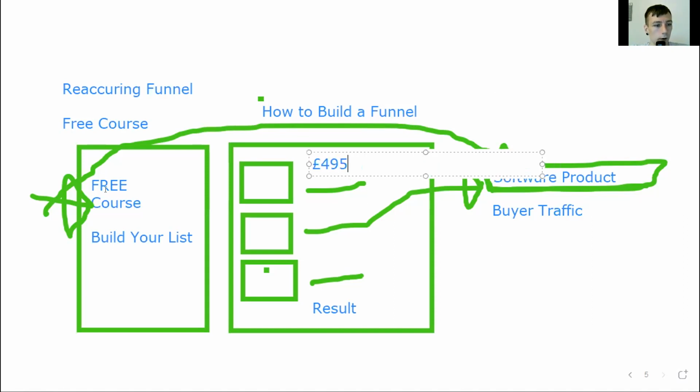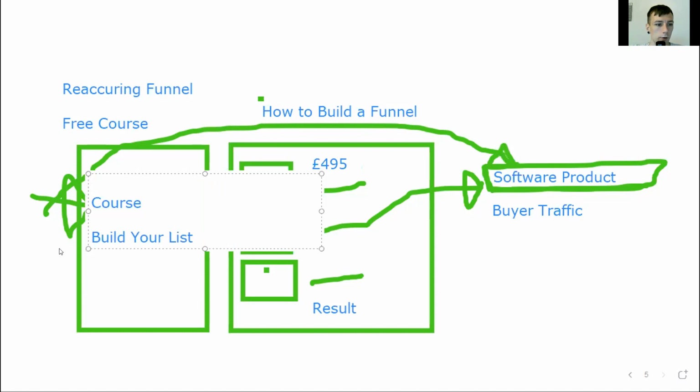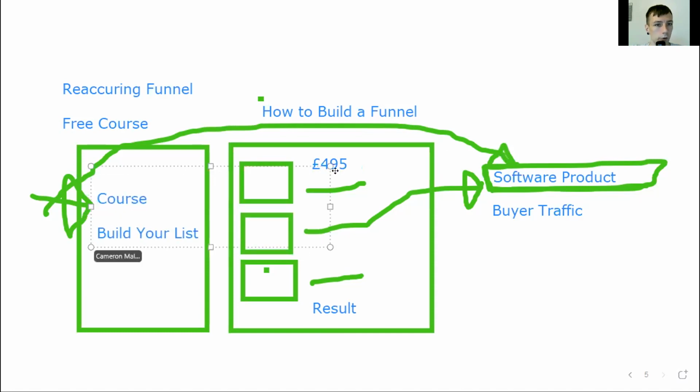Okay, someone bought this here, so it's no longer free. So they bought a paid course from you, from a company you might be a partner with, or something like that. Basically, they buy a course and learn how to build a funnel.